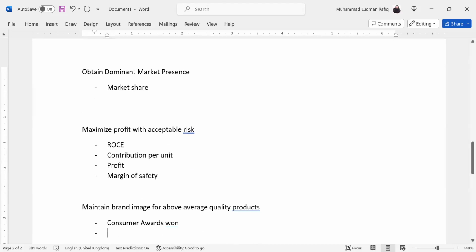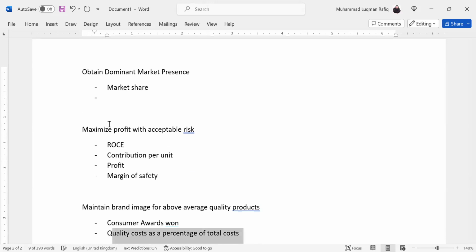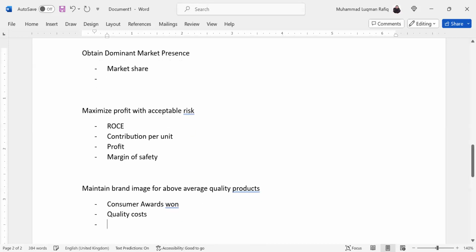What else could be there? Quality cost as a percentage of total cost. Right now we're just talking about these KPIs, so quality cost. What else could be there?